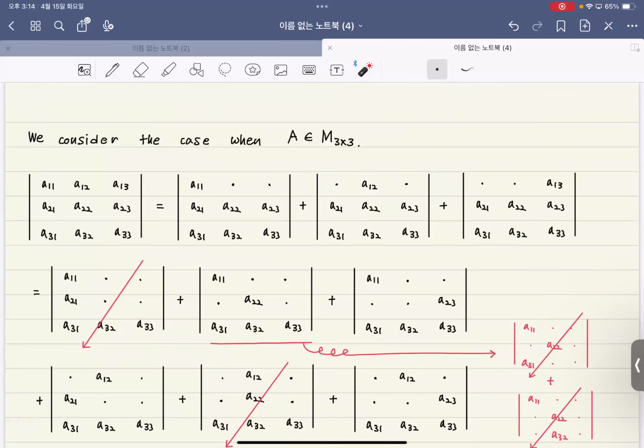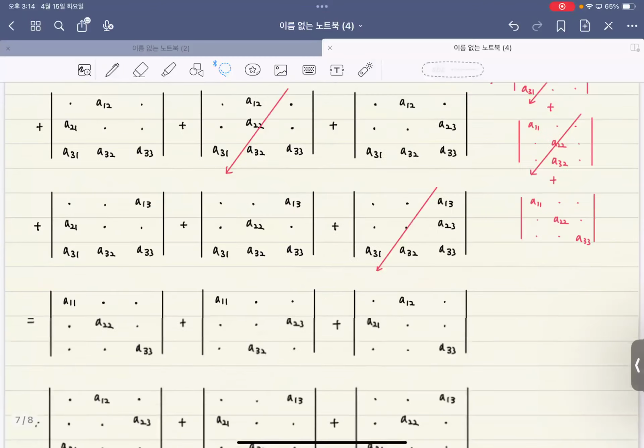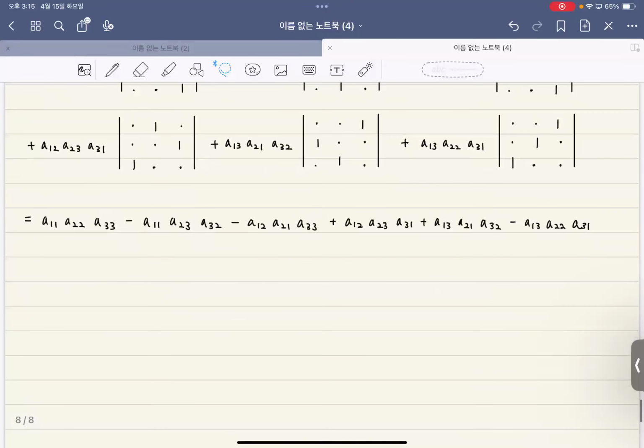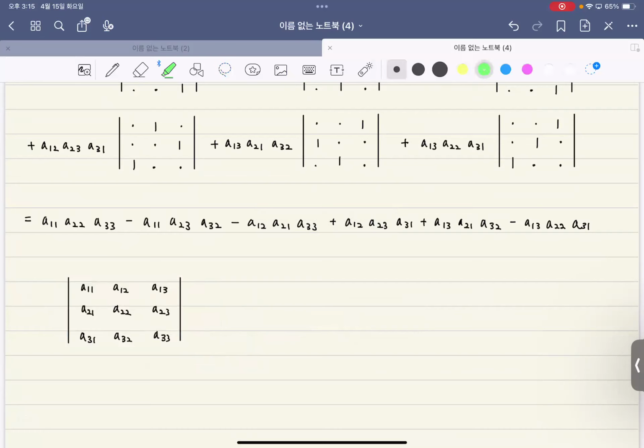Oh, I already ran out of time. And I really hate to say so, but you should memorize this, because computation of 3x3 matrices appears a lot. Sorry. So this is my rule of thumb. This and this and this.